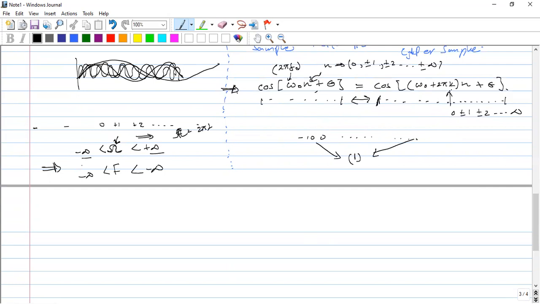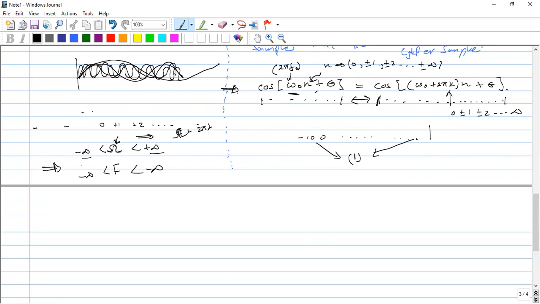Here k can be 0, 1, 2, 3, 4, 100,000, 1 lakh, 2 lakh, 10 million, 30 million, like that. That means all these high and low frequencies map to this omega naught n, so you will generate the same pattern. Here you will generate different patterns.